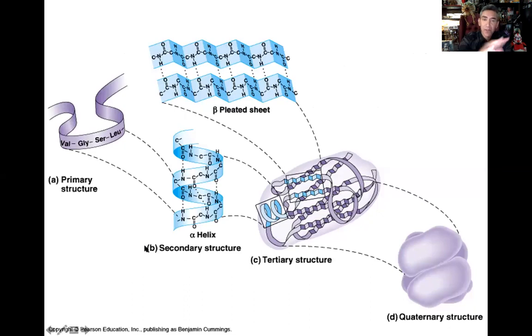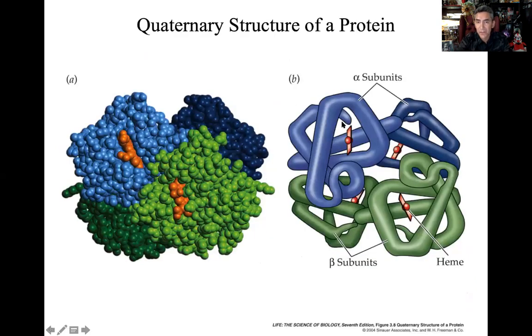So again, summarizing: primary, secondary embedded within, and then finally we achieve our functional tertiary. We can stop there and be perfectly fine, or we can team up with others in our quaternary structure. So again, you can see a quaternary structure.